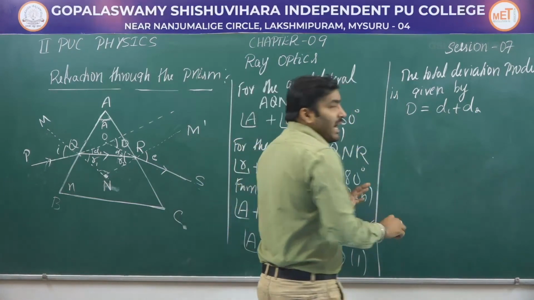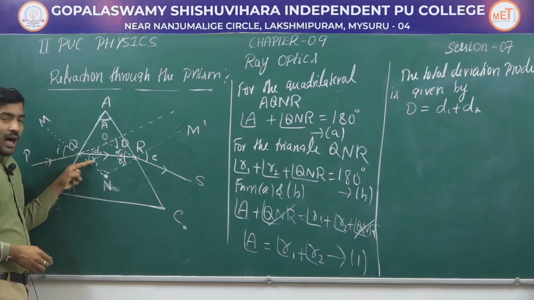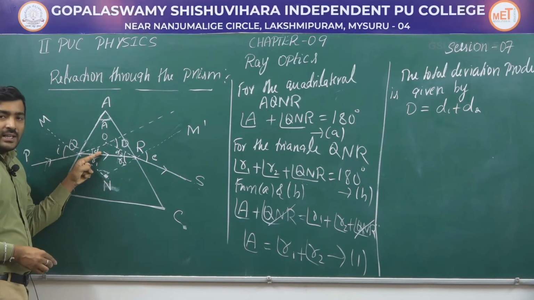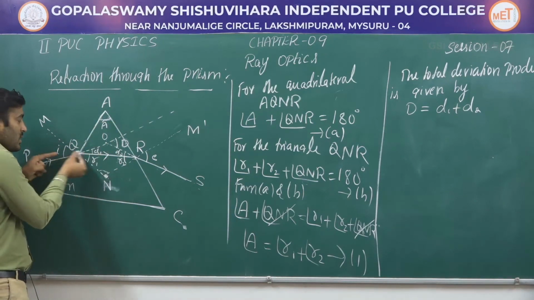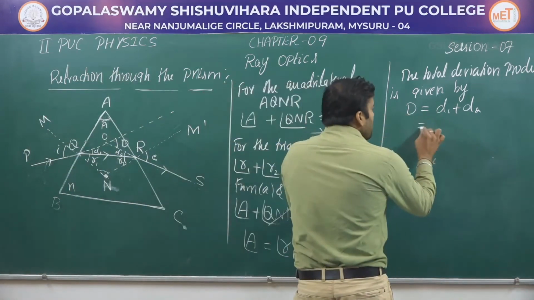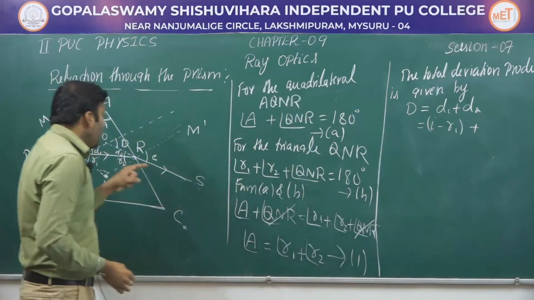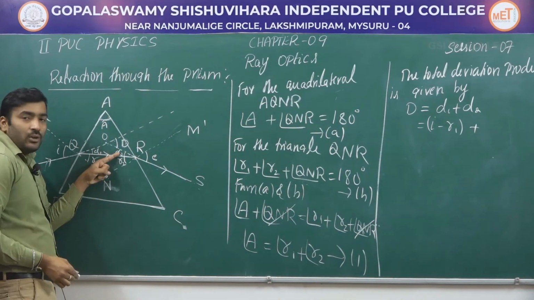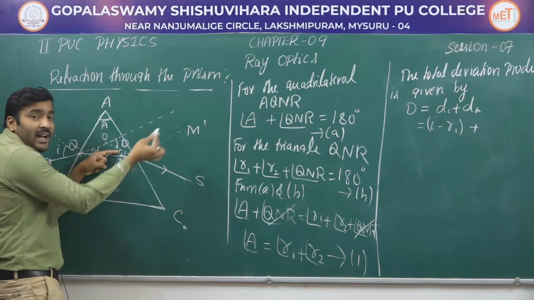Now I said that the deviation can be written as I minus R1, correct? The deviation is written as I minus R1. I have written the diagram there, correct? So this deviation is equal to I minus R1. Let me substitute this first deviation as I minus R1 plus the second deviation. So this deviation D2, which is written as E minus R2, correct? E is the angle of emergence.